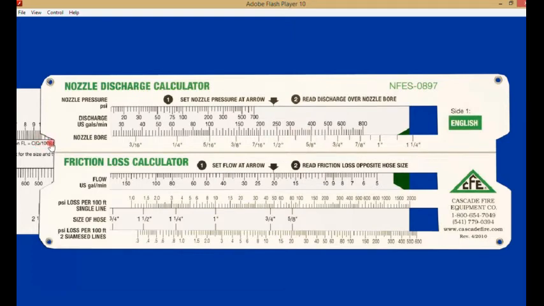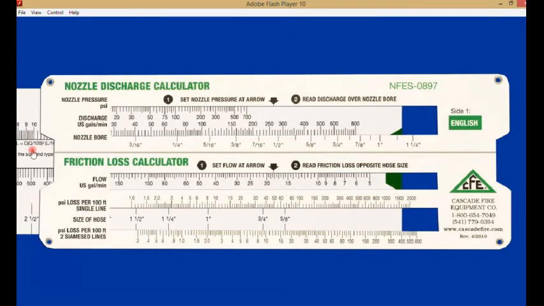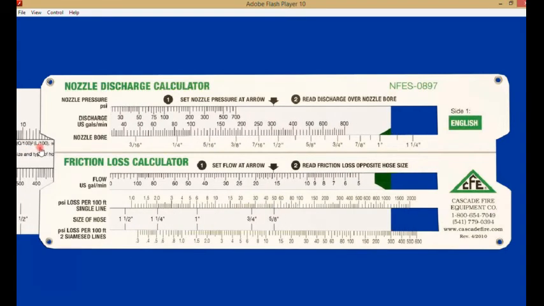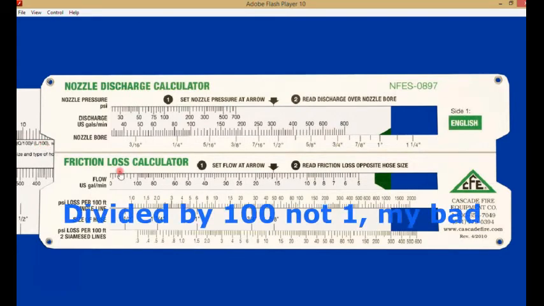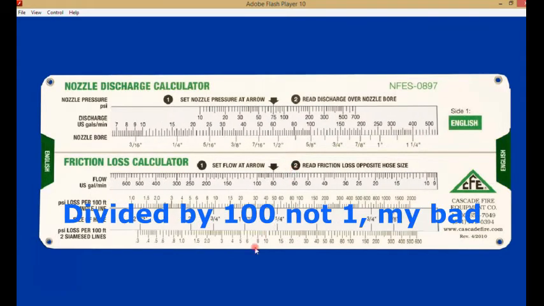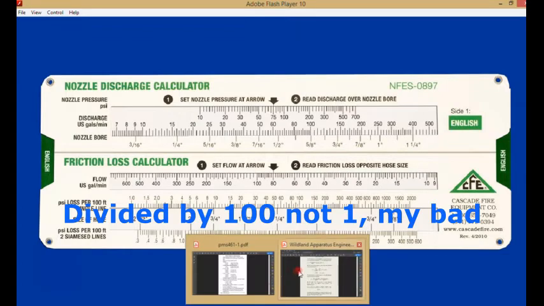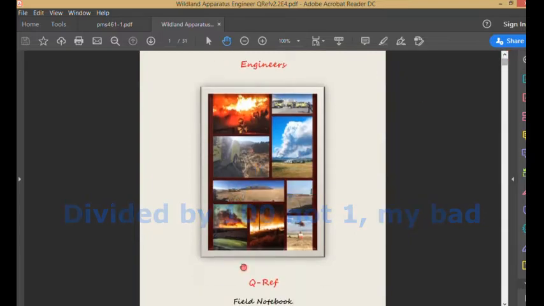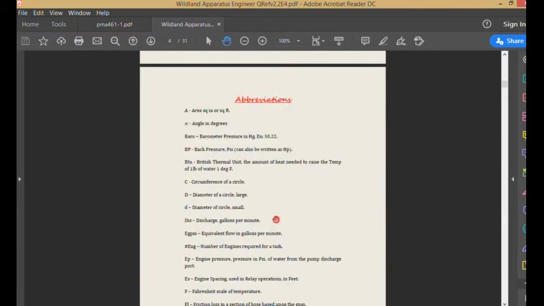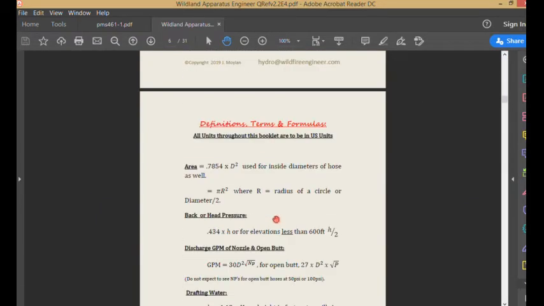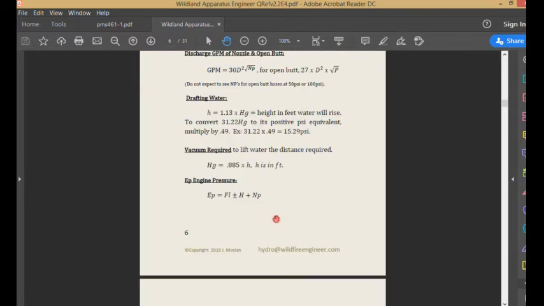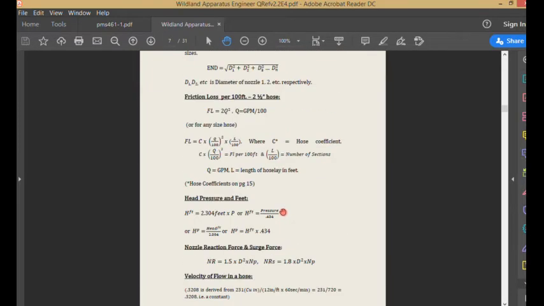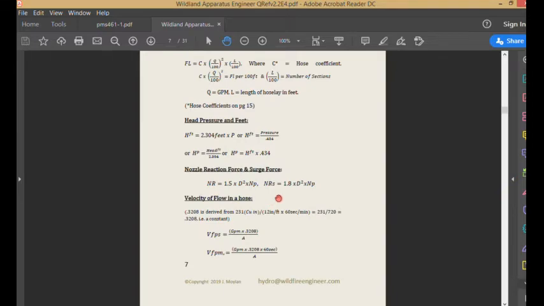Then you square it, multiply it by the coefficient, and that will give you a number. If you then multiply that number by the entire length of the hose lay divided by 1, which gives you the number of sections, you come up with the friction loss, which, if you go back to my quick reference booklet again, you will come to on page 4, I think it is, page 6, page 7.